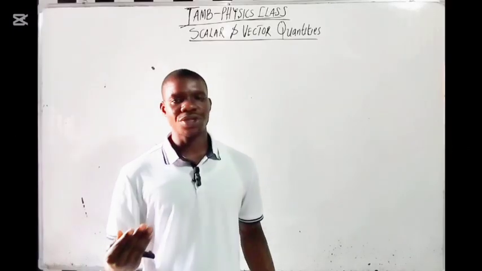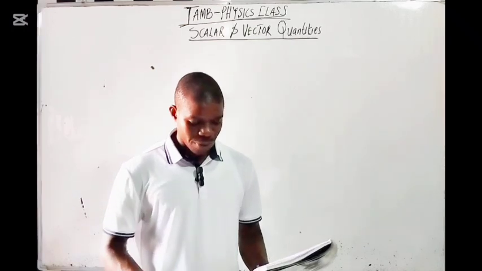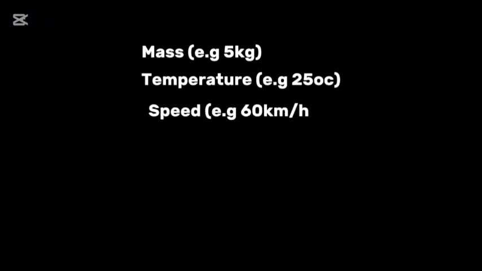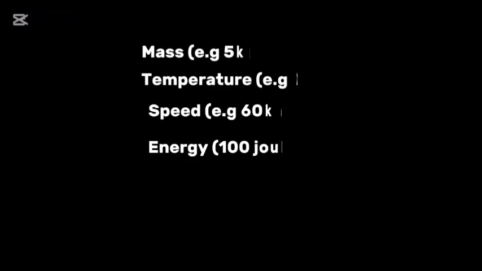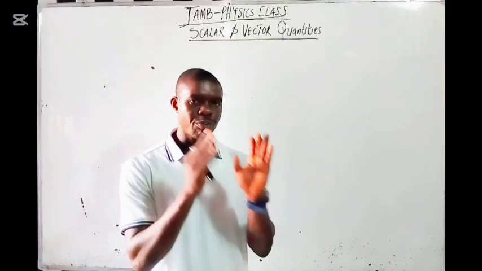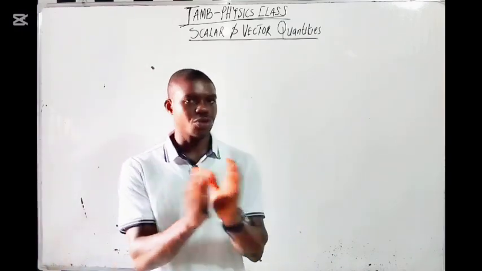Examples are mass, 5 kg, temperature, 25 degrees centigrade, speed, 60 km/h, and energy, 100 joules. Do you understand? They only have the amount but no direction.